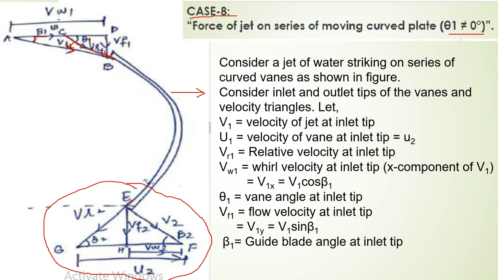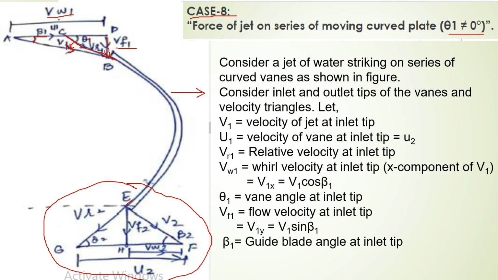Now we have the relative velocity and the velocity of the jet. In a similar manner, the velocity of the jet V1 can be resolved into its two components. One is the horizontal component from A to D, defined as the whirl velocity at inlet tip, VW1, and the vertical component is defined as VF1, the flow velocity at inlet.